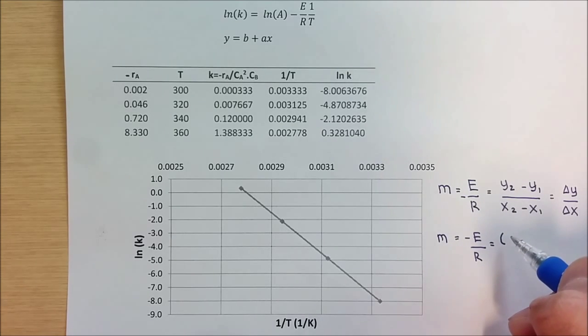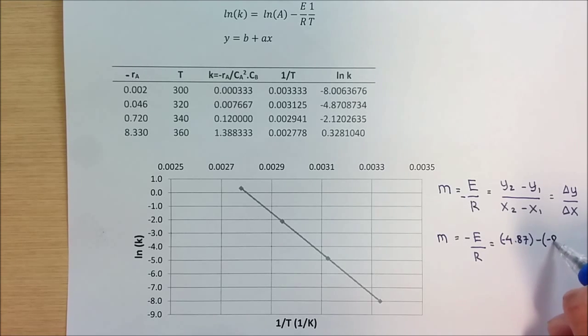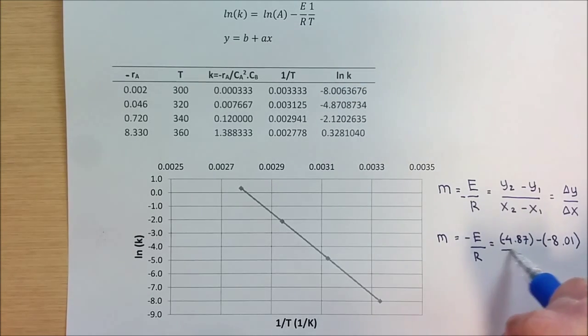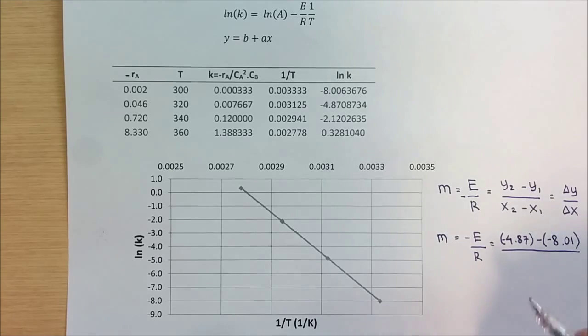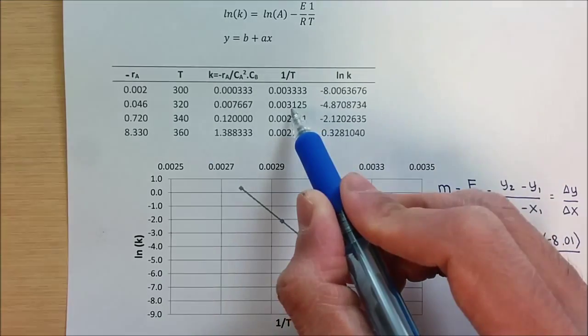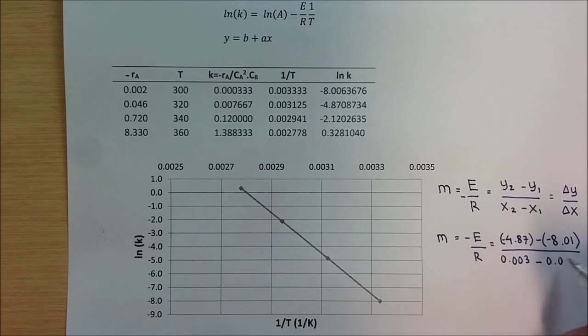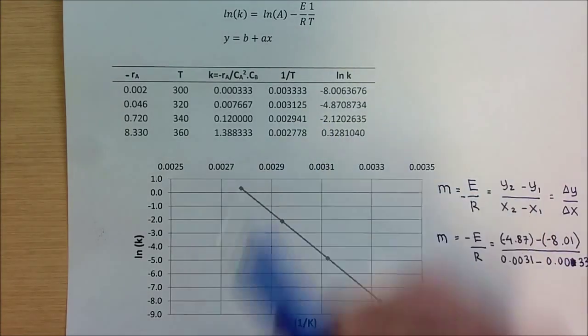It's going to be equal to minus 4.87 minus 8.01 over 0.003, this value, minus 0.0033, which is this value.